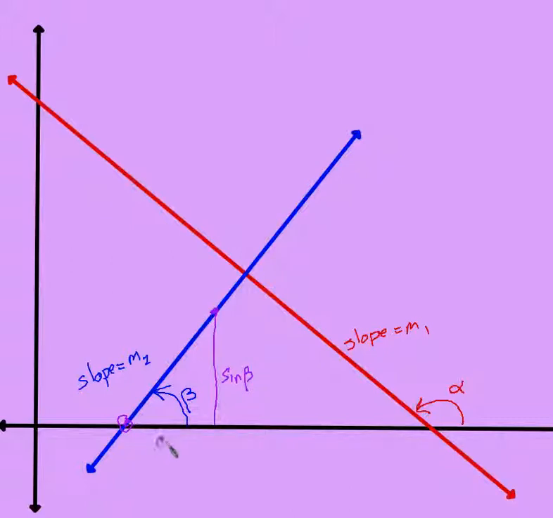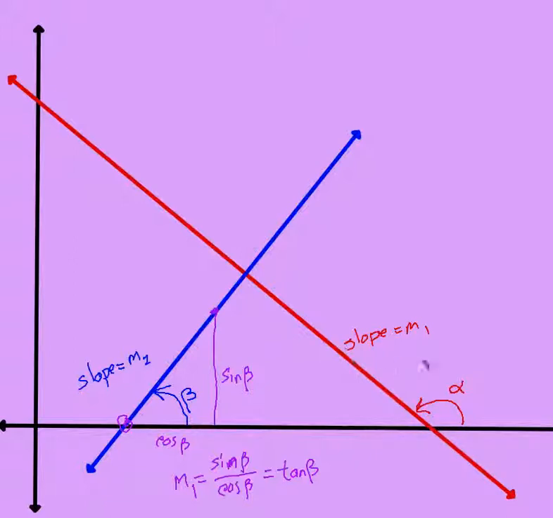This would be the run, which would be cosine beta. So the slope is the rise over the run, sine beta over cosine beta, which is the tangent of beta.